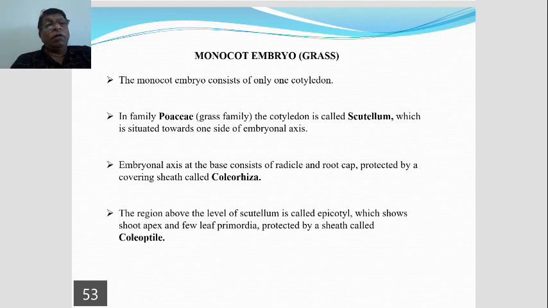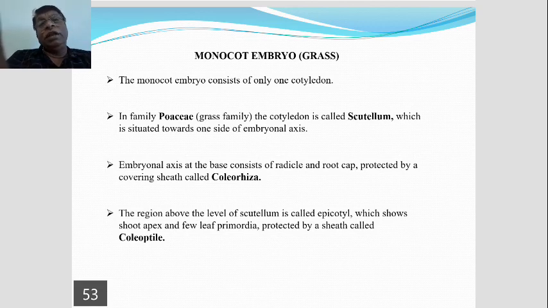Now see the diagram and identify different parts. The diagram is important for the CET examination. In NEET, mostly the diagrams are not given, but in CET, the diagram is very important. Okay, that's all about the monocot embryo.